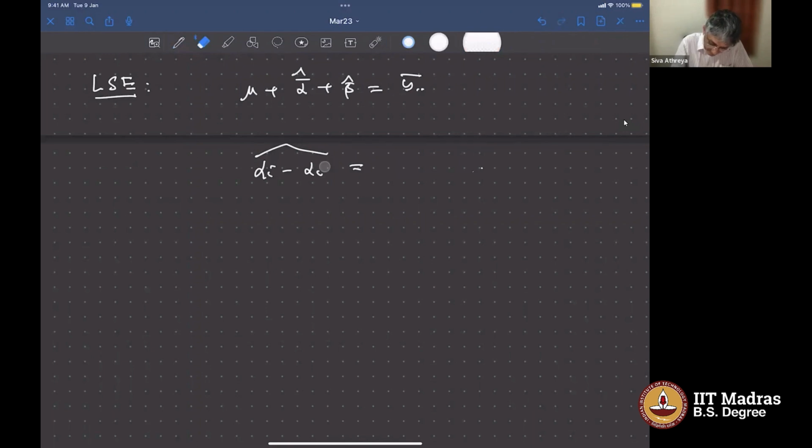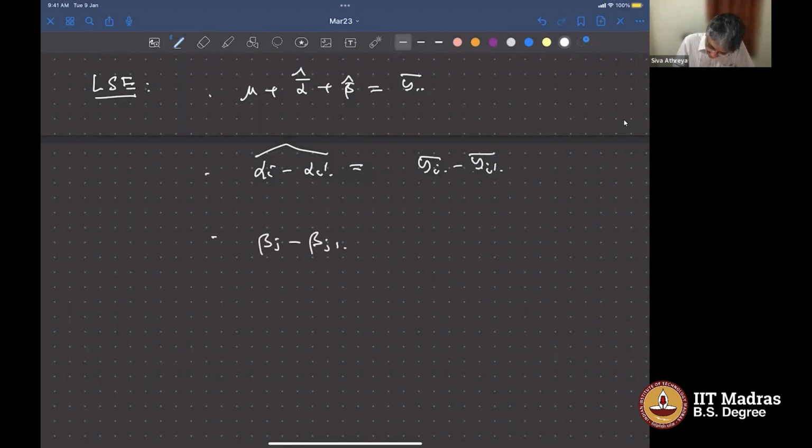Let me write it down properly so it's clear. This is y_i dot bar minus y_i prime dot bar. And similarly, the other one is beta_j minus beta_j prime hat, which again is the same thing as y dot j bar minus y dot j prime bar.